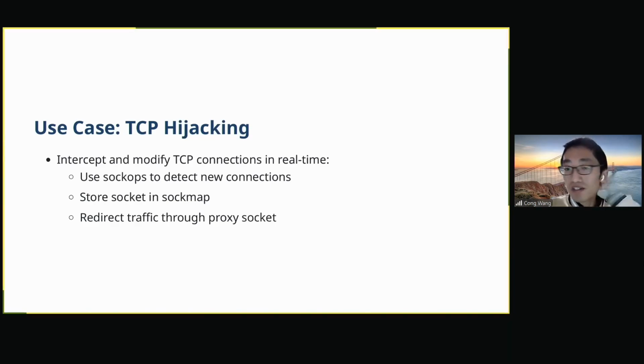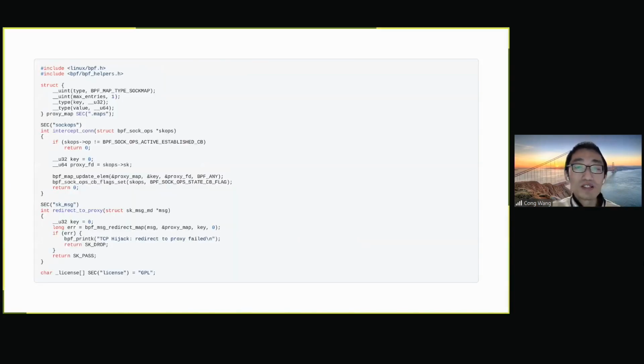In this one, I would like to use sockops to detect the new connection, and I will also store all the sockets in the socket map, and redirect the traffic through a proxy socket. It's also kind of artificial, but I think maybe there are some real use cases as well. So this is the code we have here.